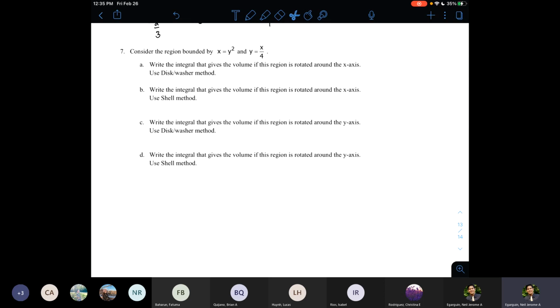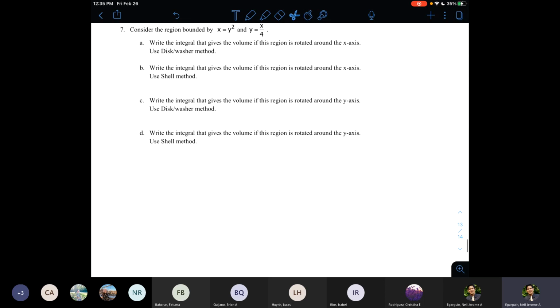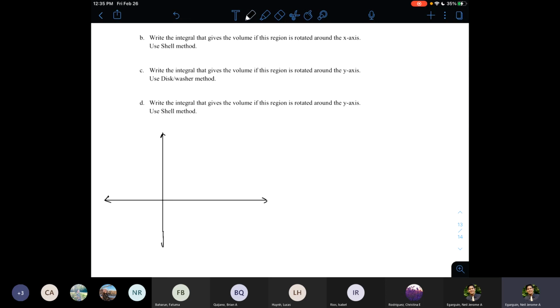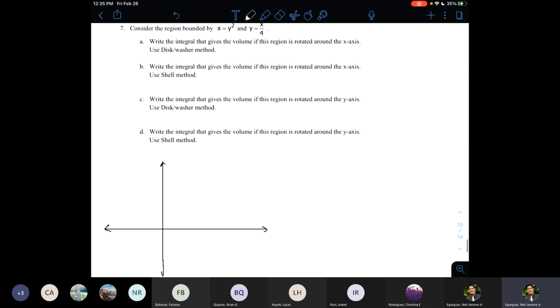Okay, so the region is x equals y squared and y equals x over 4. Again, I encourage you to always start with having a good picture of the region, or at least an idea of how the region looks, because most of the analysis can easily be carried out if you do it visually. So the region is bounded by x equals y squared.